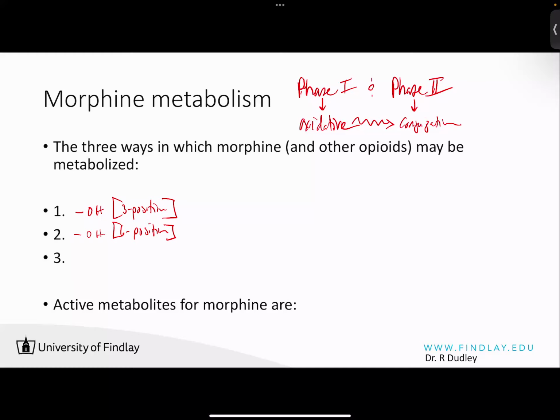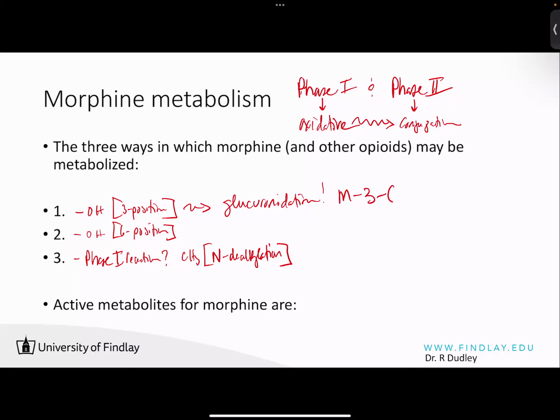Then what else can happen to morphine? And that's where this phase one is going to come in. But where is it going to happen? It's going to happen on the top side where the methyl group is going to undergo N-dealkylation. All right. Now this 3 position, glucuronidation.